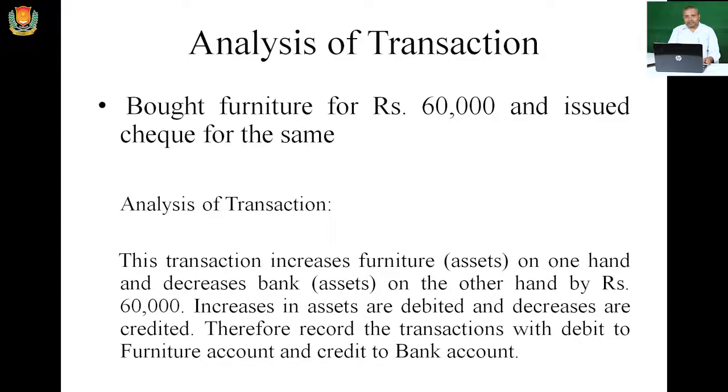It will affect at least 2 accounts, meaning the 2 accounts may be the same type of accounts. Like in this example, both the accounts are real accounts. Furniture is also an asset and cash is also an asset. So both the accounts are related to the same category, but there are 2 accounts, and these 2 will be credited or debited.